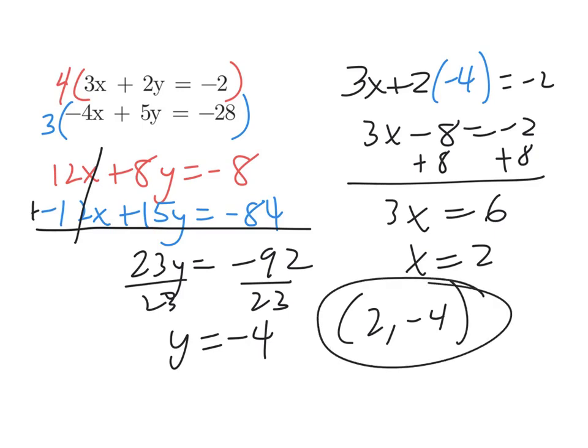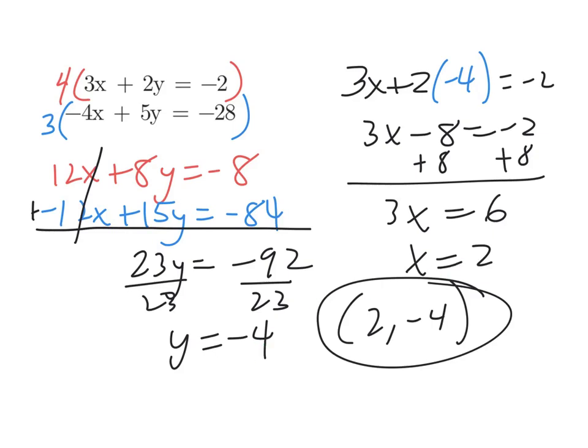I have one other thing that I need to talk about quickly. If you plug it into one of the new equations, listen very closely, this is important. If you multiply it correctly, then plugging it into one of these equations is fine. But if you make a mistake and one of your equations is actually wrong, it's going to produce an answer that makes you think it's right, when in reality this first part is wrong, which makes the second part wrong.